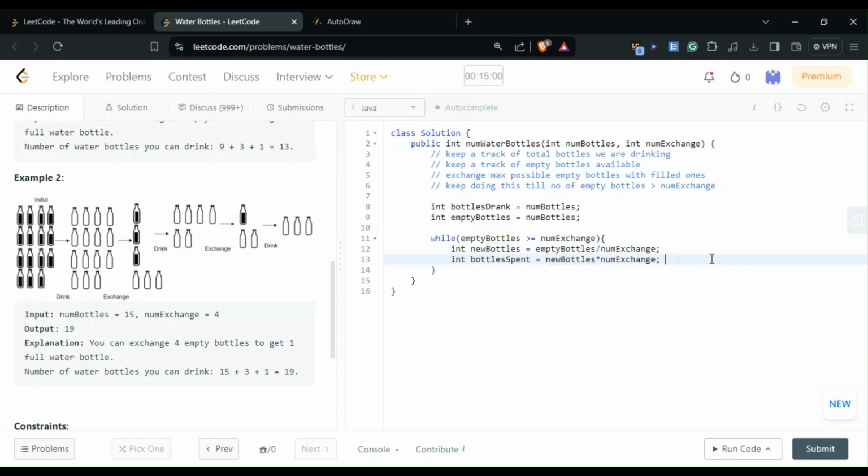Okay, so what we need to do is, the new bottles that I got are the new bottles that I can drink. And the bottles spent, I don't have those available anymore.